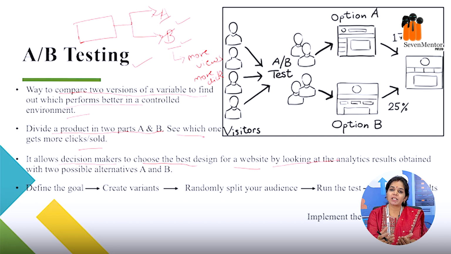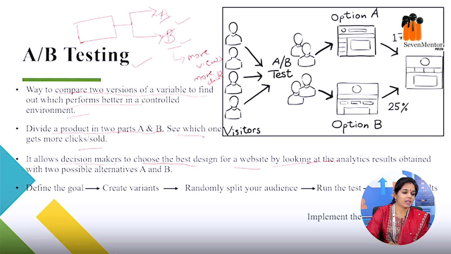In that case, that product will be getting more and more likes. So the first poster, or let's say the first image which that company had launched, is getting more likes. So they will continue going with the same image or the same poster or the same link.